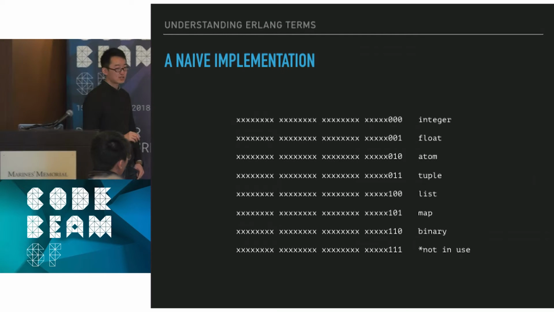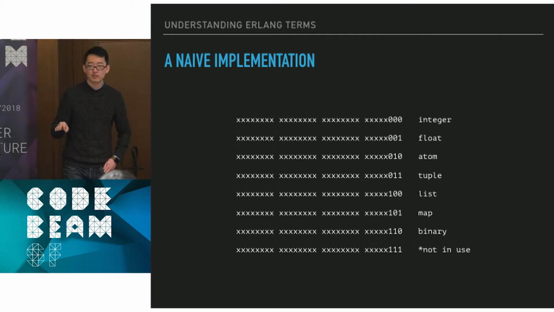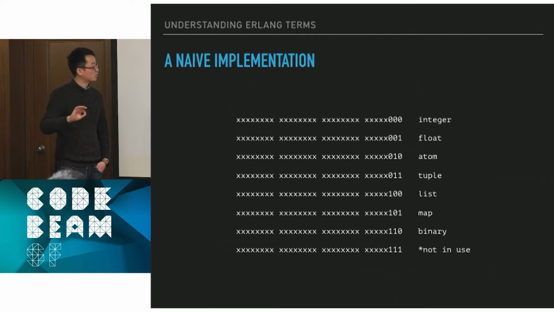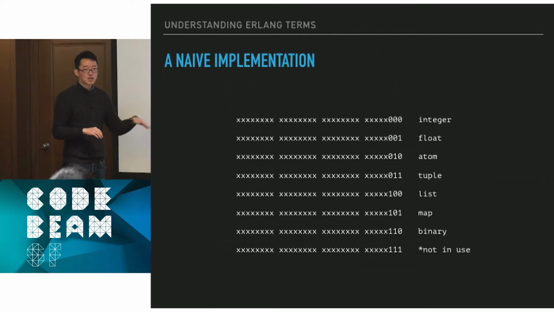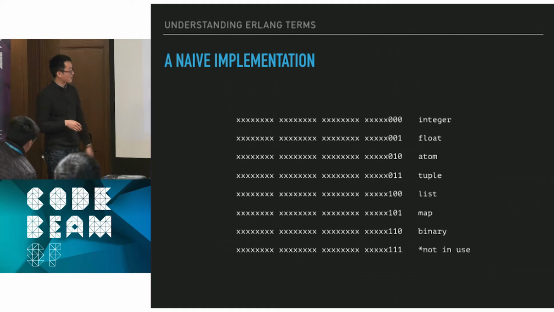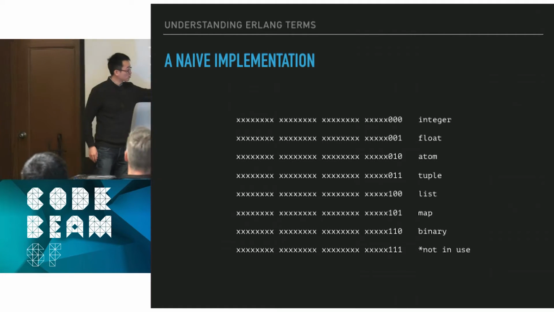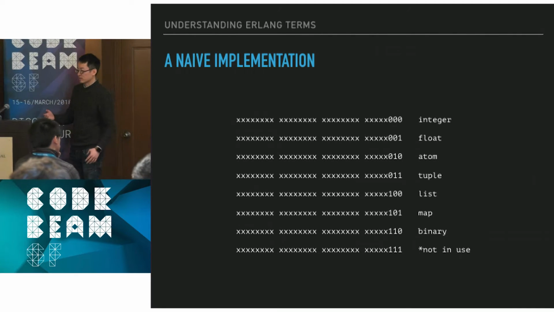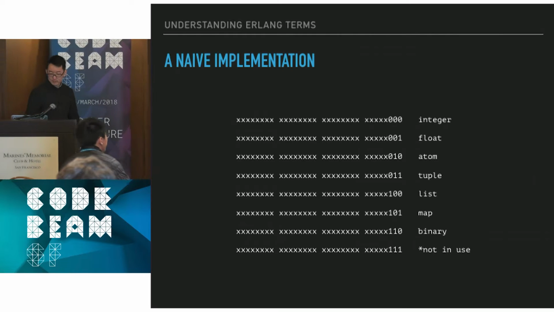So we can just use the 3 least significant bits on the right-hand side, and for each type we give them 3 bits. You can see we can use 7 values here to represent all the types we want, and 1 is not being used, so we just reserve it.